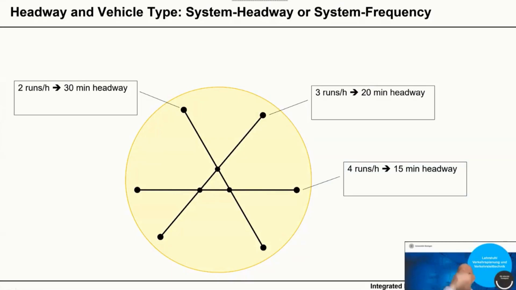And our calculation shows us that we need 2 runs here, 3 runs here, and 4 runs here. And well, you can translate that to a 30-minute headway, 20-minute headway, or 15-minute headway. And this is where you need to make a decision. You need to make a decision on a system headway or a system frequency.